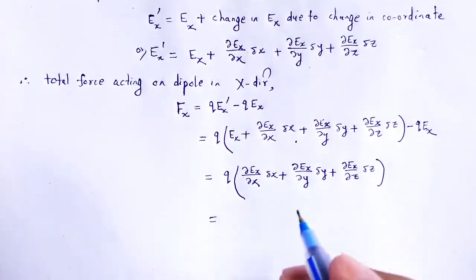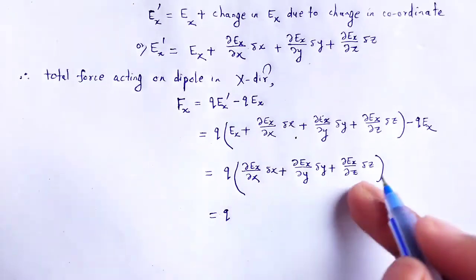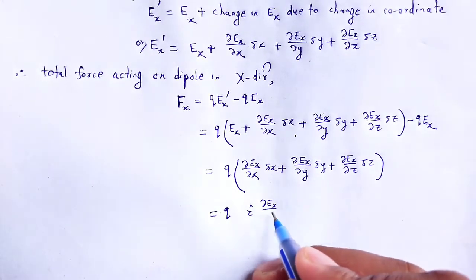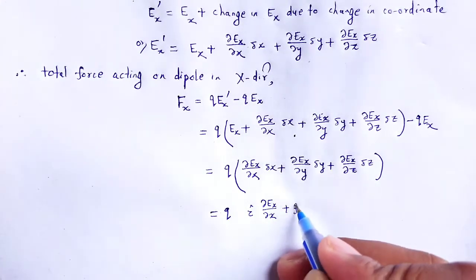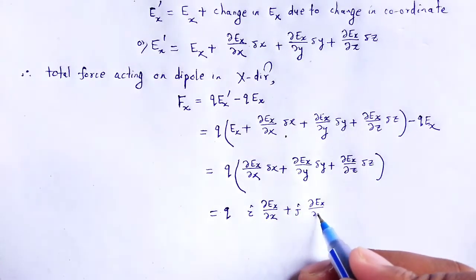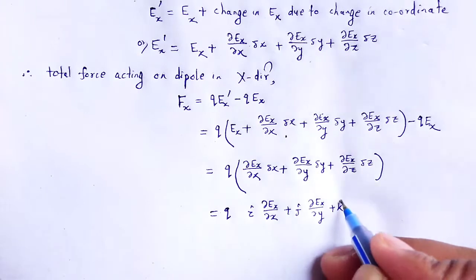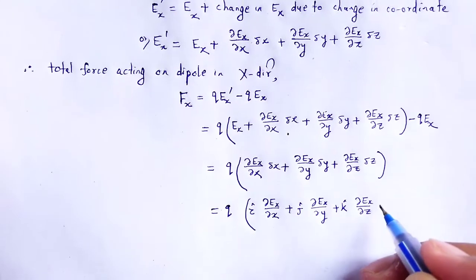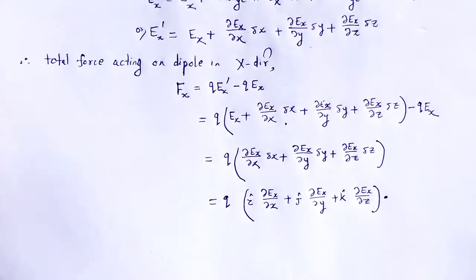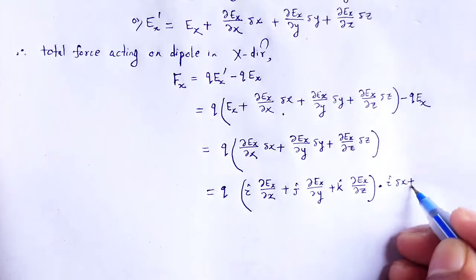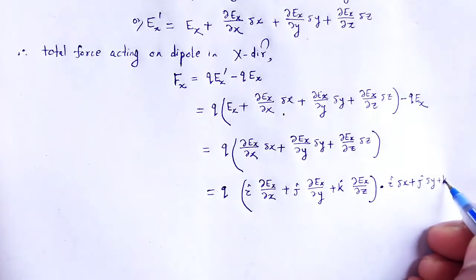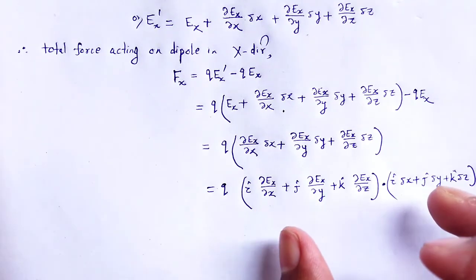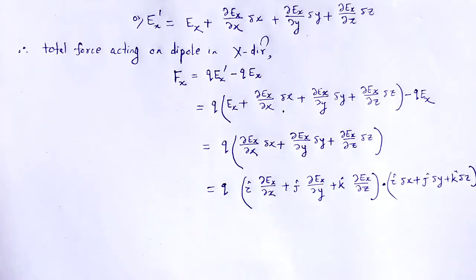That entire term is written in vector form as i cap del Ex by del x plus j cap del Ex by del y plus k cap del Ex by del z, dot product with i cap delta x plus j cap delta y plus k cap delta z.